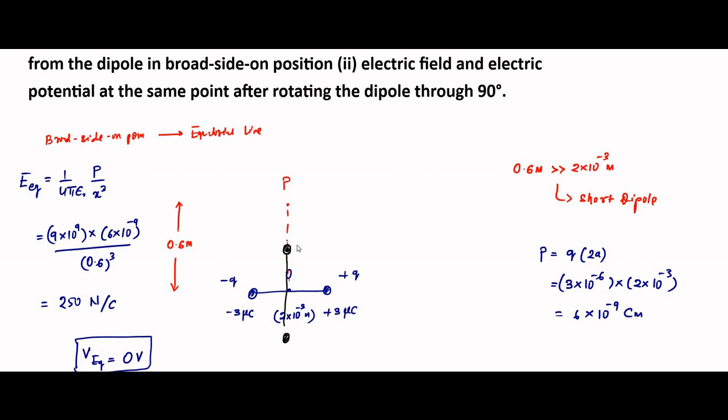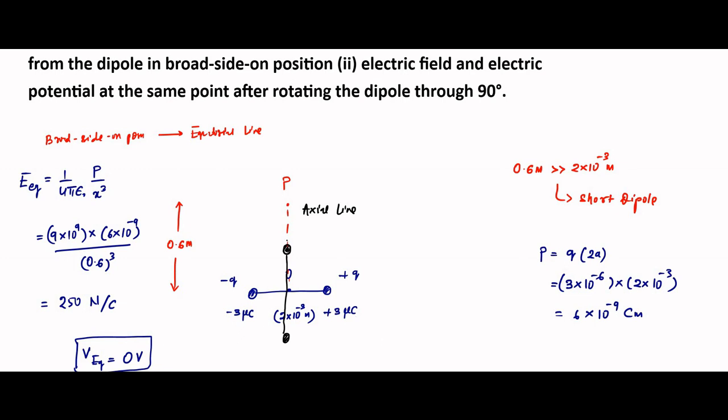Now the point P, which was previously along the equatorial line, is now along the axial line. So now all the formulas related to the axial line for electric field and electric potential will be applicable after the dipole is rotated through an angle of 90 degree.